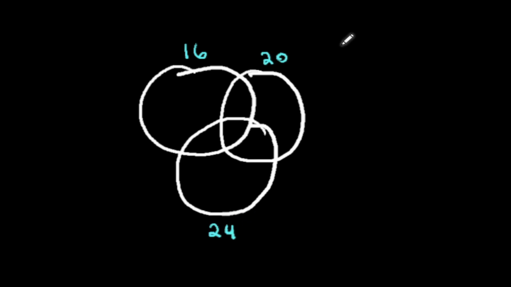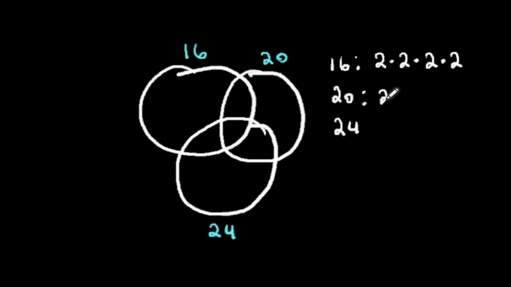What I'm going to do here is list these numbers into their prime factors. For 16, that's 2 times 2 times 2 times 2. For 20, that's 2 times 2 times 5. For 24, that is 2 times 2 times 2 times 3.